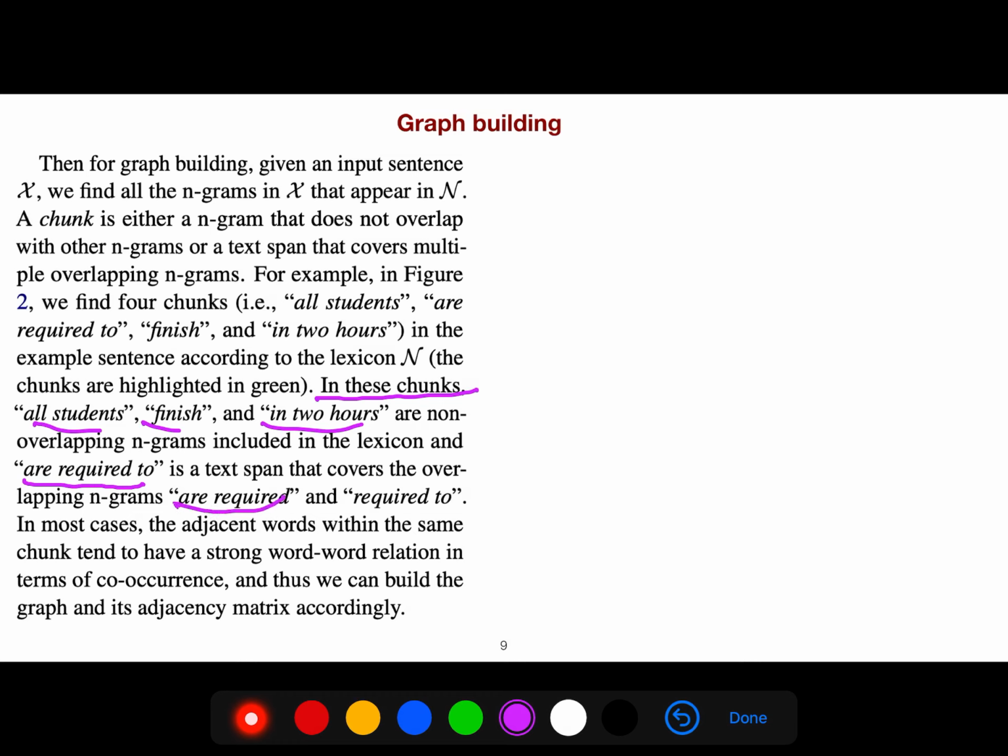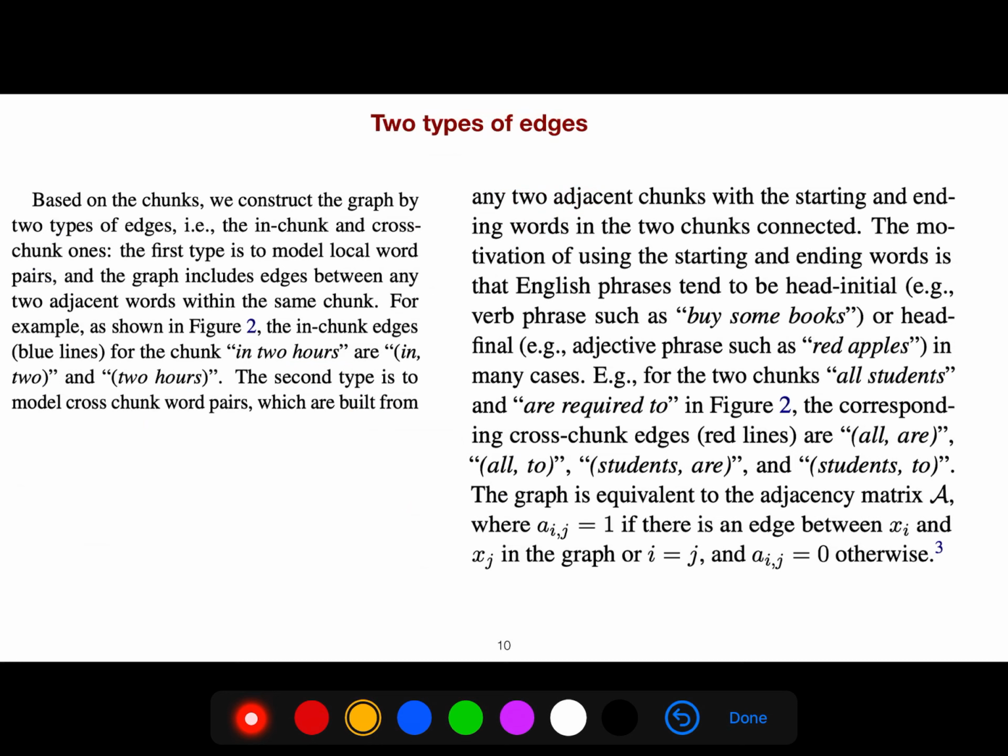Are required and required to. So in most cases, adjacent words within the same chunk tend to have a strong word-word relation in terms of co-occurrence, and thus we can build the graph and its adjacency matrix accordingly. So as I said, we have two types of edges.